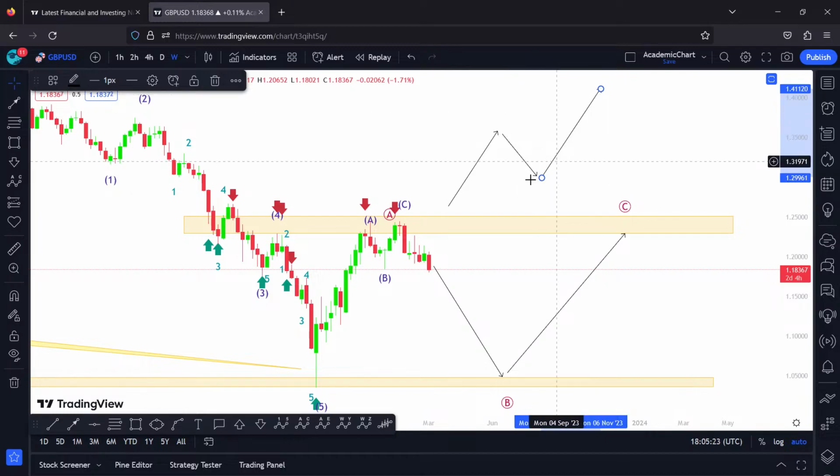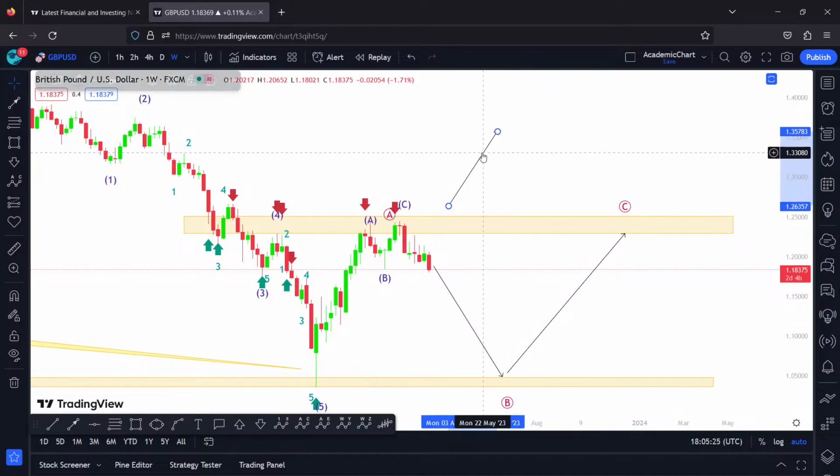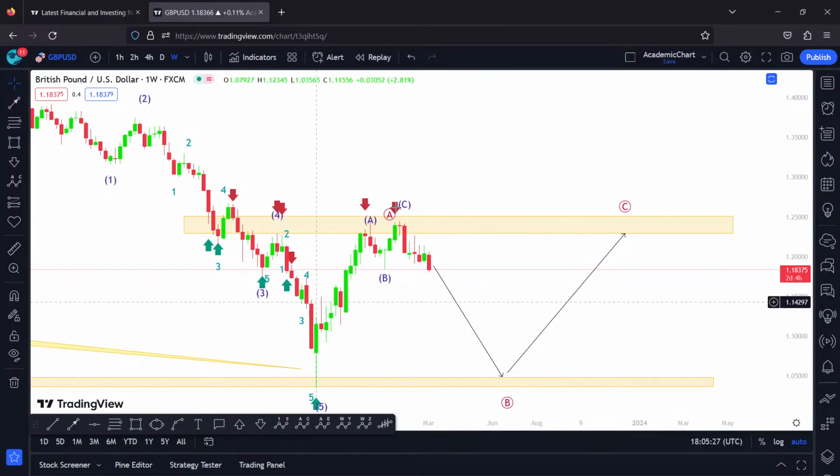But that's not the case in flats. In flats, the ABC is 3-3-5, so it is still a valid three waves. So this C might be three waves again, and then five waves to the top of this flat, and that might be the case.